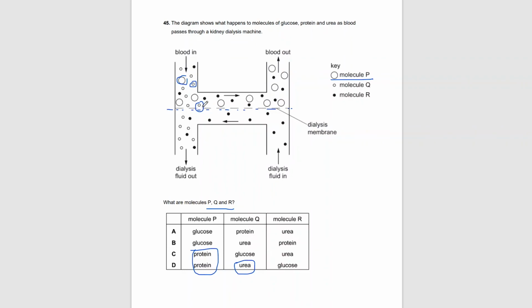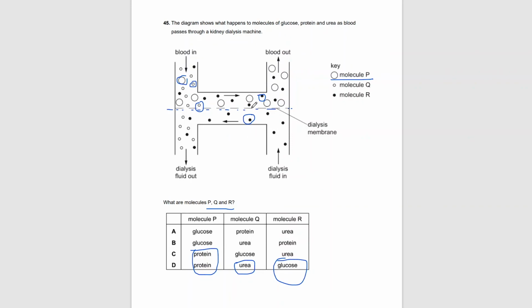There's a lower concentration of urea in the dialysis fluid but a high concentration of urea in the blood. So there's a concentration gradient, and the urea diffuses out of the blood into the dialysis fluid. Molecules R are the black dot ones. The concentration of molecule R is the same in both the blood and the dialysis fluid, which means it's glucose, because glucose is a useful substance that does not need to be excreted.